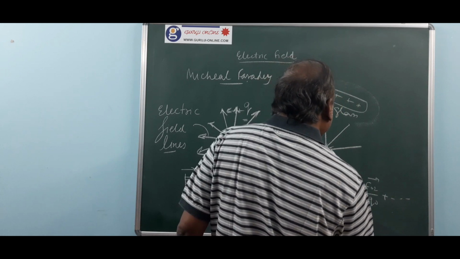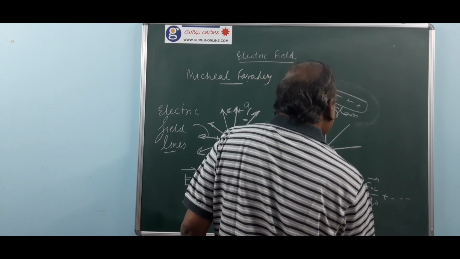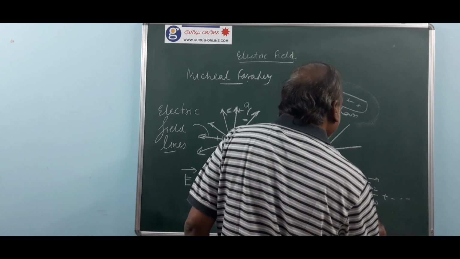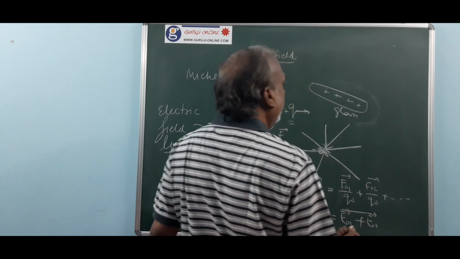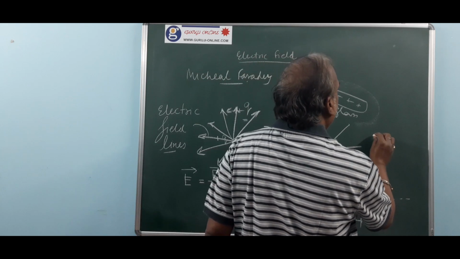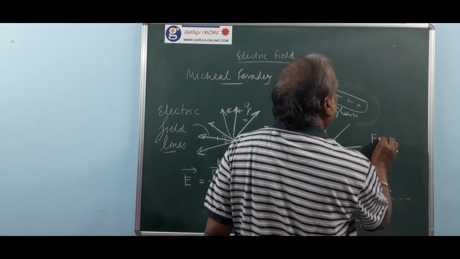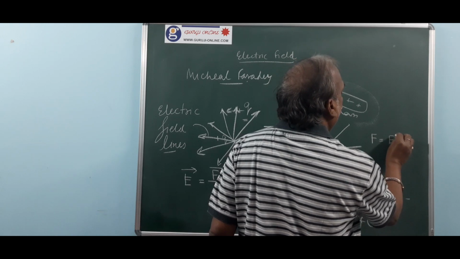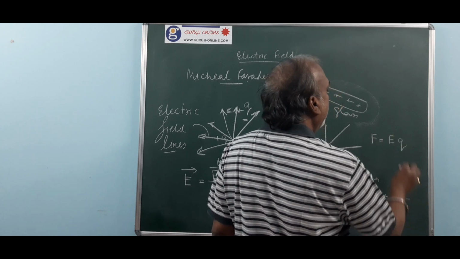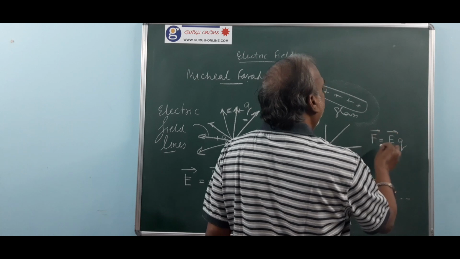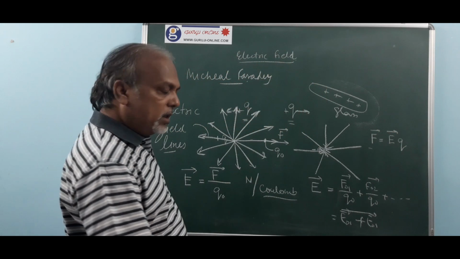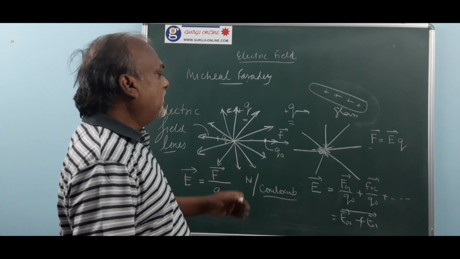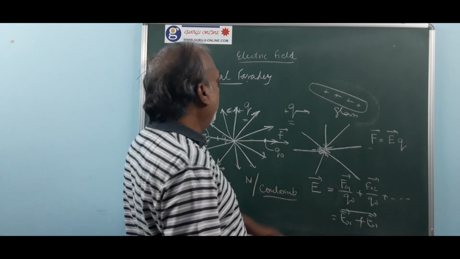Or we can write it as E01 plus E02. So this F as in Coulomb's law is nothing but E into Q. Correct? So this is electric field lines, and this is what electric field is quantitatively.